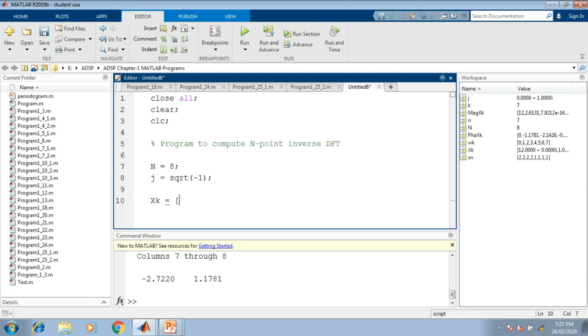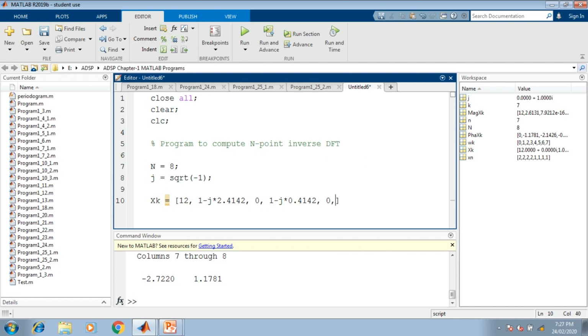Here the output we remember from the last video. The first value is 12, comma, then 1 minus j times 2.4142. The next element is 0. Next we have 1 minus j times 0.4142.